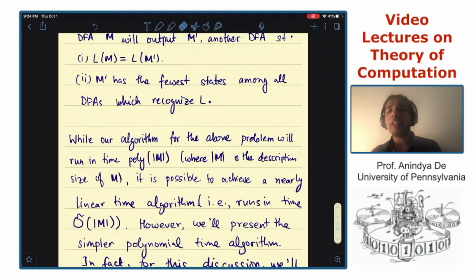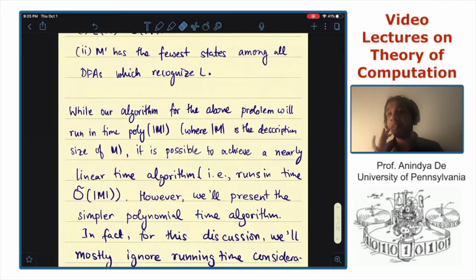And in fact, one can do better and achieve a nearly linear time algorithm for DFA minimization. By a nearly linear time algorithm, I mean that it will run in time nearly linear in the description size of the DFA. However, we will just focus on the simpler algorithm because running time is not the main thing that we want to focus on.